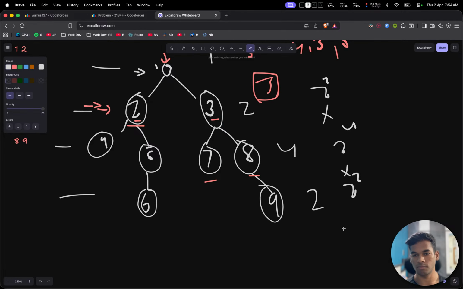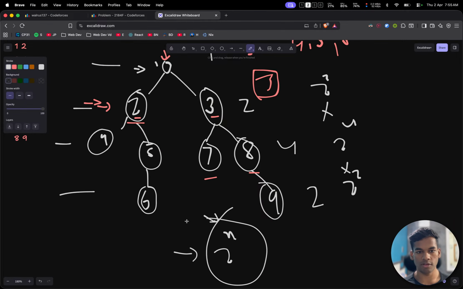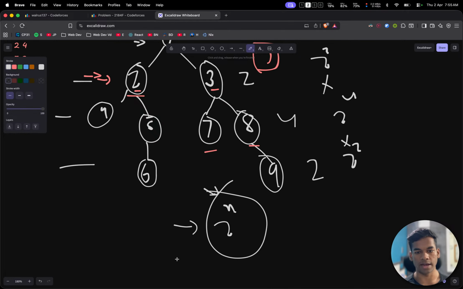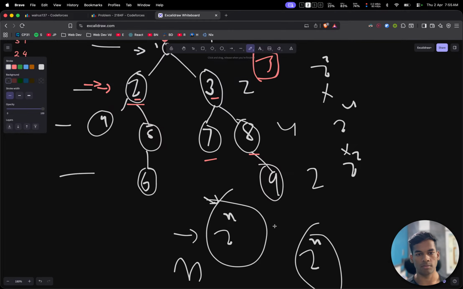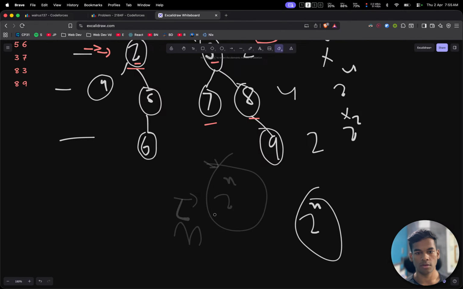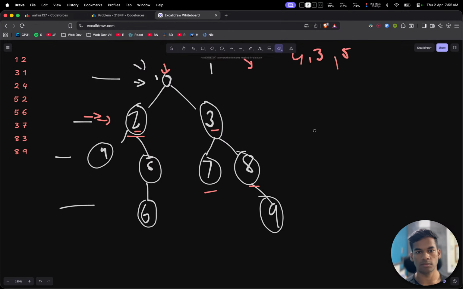It is essentially 2 power n, and 2 power n makes sense because we are trying to choose a subset of nodes and there are n nodes. So 2 power n is the total number of subsets. So okay, brute force is legit not the right choice.